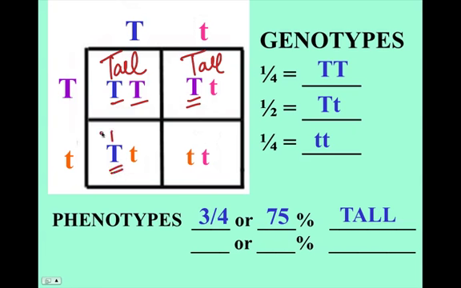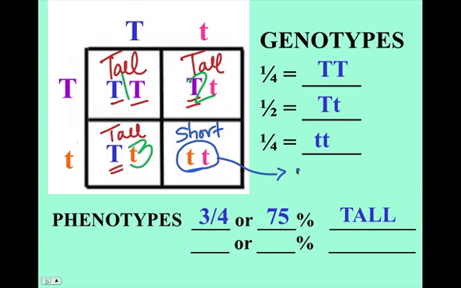This is tall, so we have 1, 2, 3 tall. This one, on the other hand, 2 little t's, is short. The only way that you can have a short is to have 2 recessive alleles.